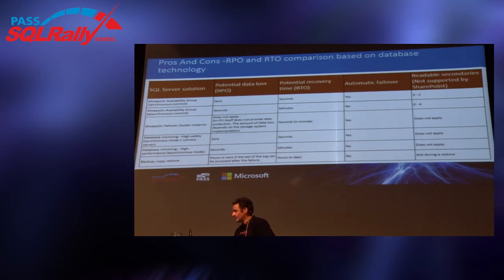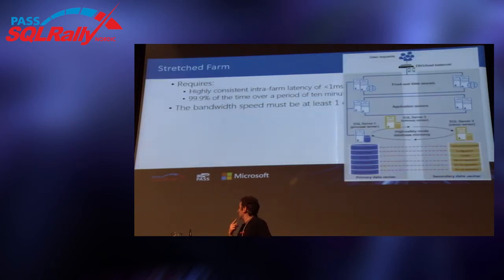There is also another way to obtain high availability in SharePoint, and it's a stretched farm. If you have a very short latency, in some enterprises you have data centers which are very close to each other, or high bandwidth, you can configure the 2 data centers as a single farm.